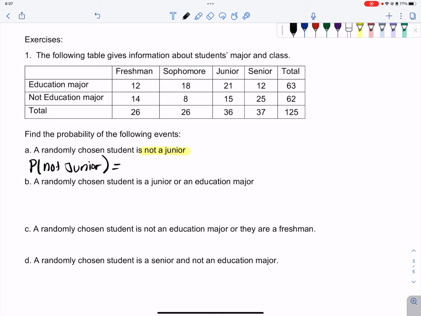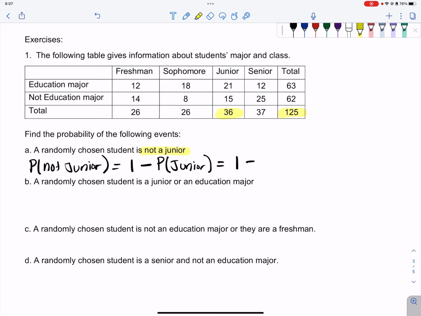Because if we think about it, our probability of not junior is equal to 1 minus the probability that they are a junior. Well, there's 36 juniors out of the 125.